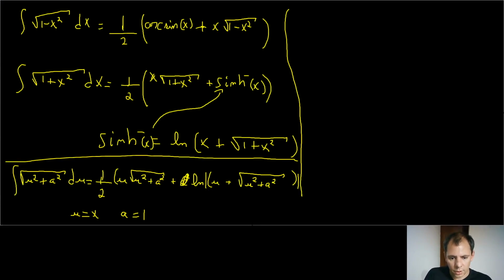It'll be half x times the square root of x squared plus 1, plus this thing here. But this thing is the inverse hyperbolic sine. It's not u, it's x, right? You have ln of x plus the square root of 1 plus x squared. And the 1 is just going to be the a squared. So you got to put all these things together in your mind, and it's very hard.